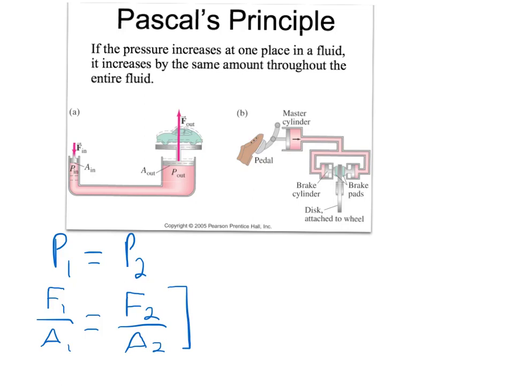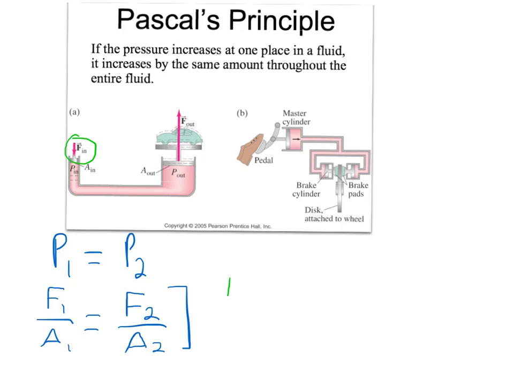So if you've ever lifted a car up with a jack, if you tried to lift up the car with your hands, you'd have to put a really big force on it. But if you use a jack, you're actually not pushing anywhere near as hard as you would have to if you were lifting up the car with just your hands. The way a jack works, you put in a comparatively tiny force on one side of the jack.